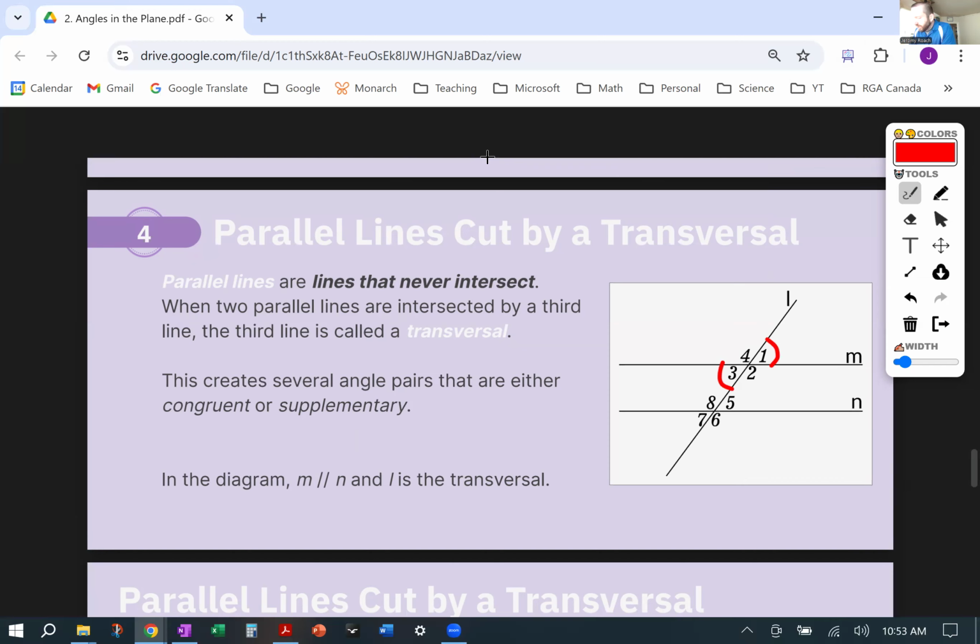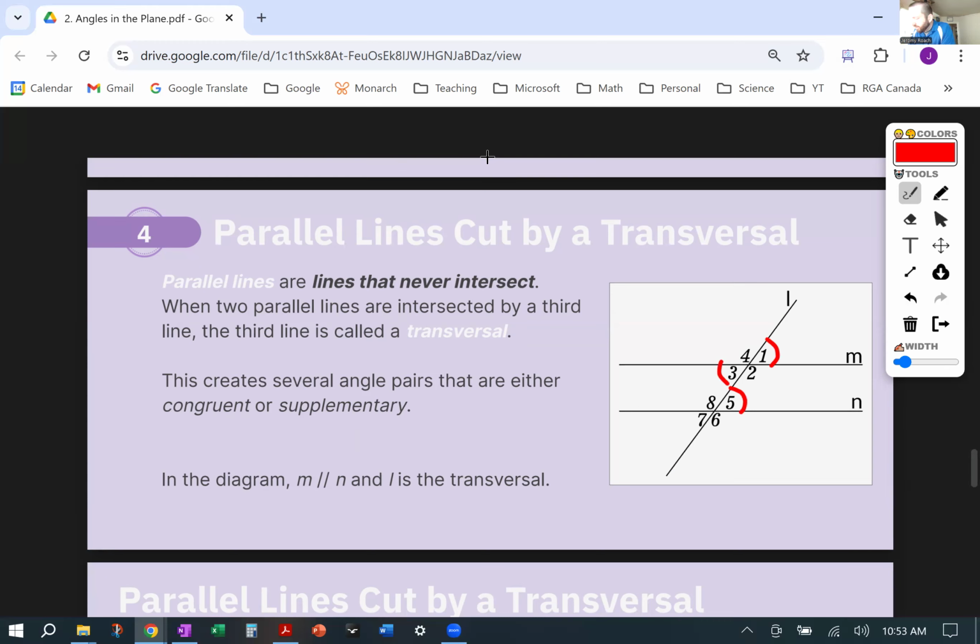And that's the vertical angle theorem. So they either equal each other or they add up to 180. So those two are equal, but also these two are equal. These are called corresponding angles. Now if you know all of that, you can figure out the rest of all of these numbers.